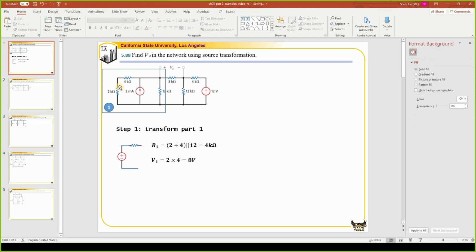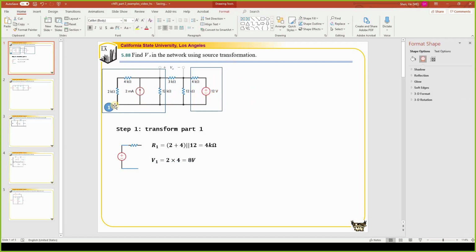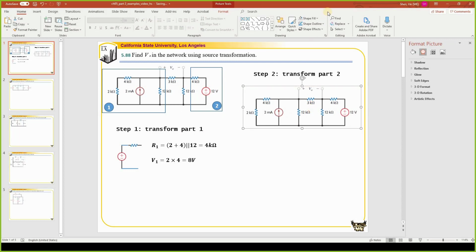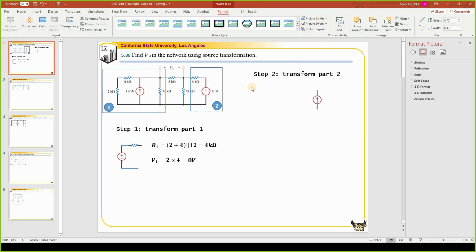So we simplified that part of the circuit. Let's call the second part of the circuit part 2. Since part 2 has a voltage source, we're going to convert it to a current source in parallel with one resistor. And pay attention to the direction of the current source. Since the voltage source has a positive reference polarity on the top, the current should flow upward, in parallel with the resistor.